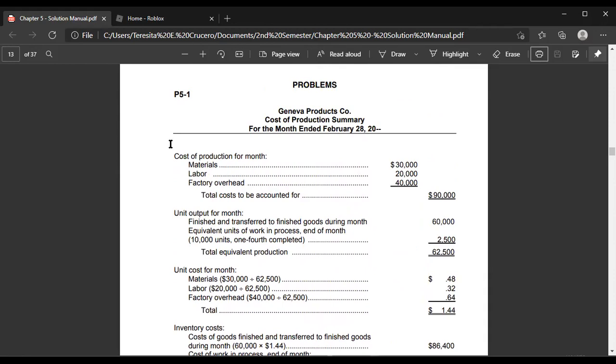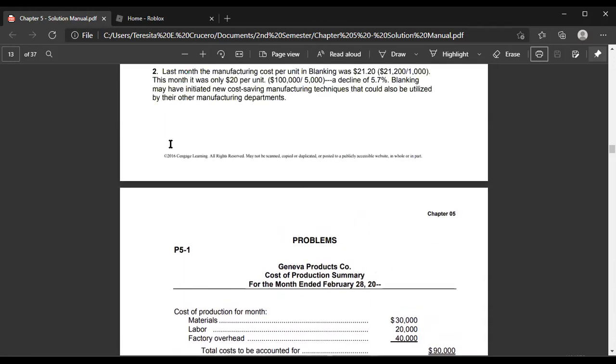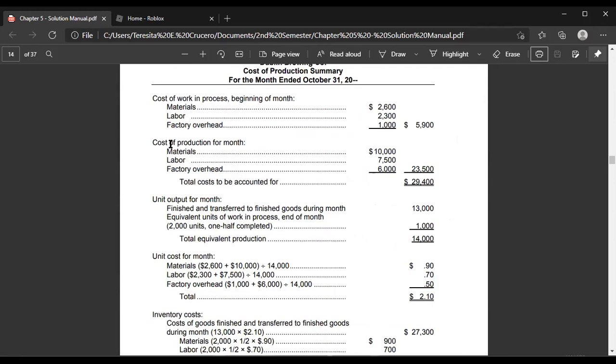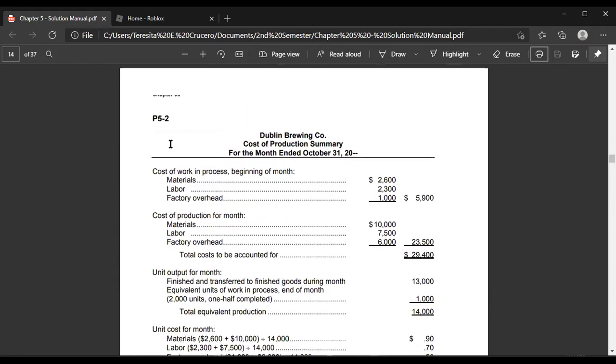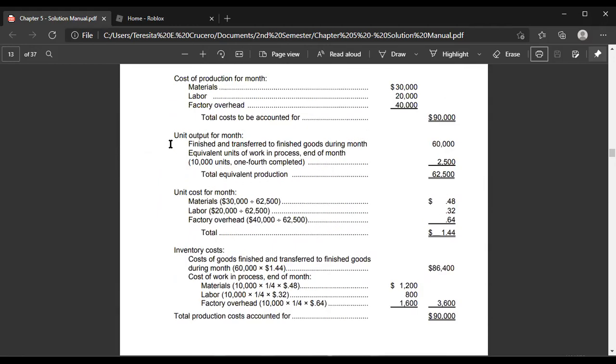Take note, the total cost to be accounted for is also 90,000. Okay, the cost to be accounted for is equal to the cost accounted for.